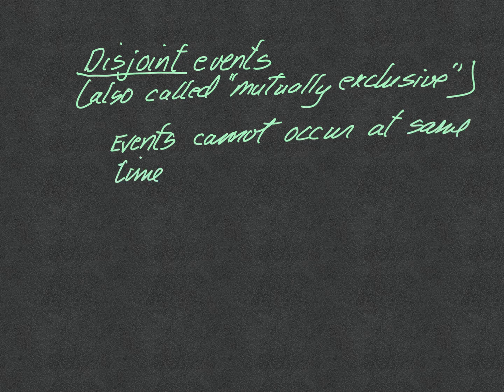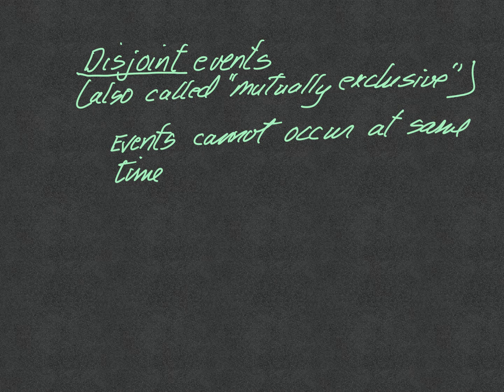So if we get back to the sock example, when you draw out a sock, you get either a blue sock or a red sock or a green sock. And you don't get a blue-green or a blue-red sock. You don't get both at the same time.